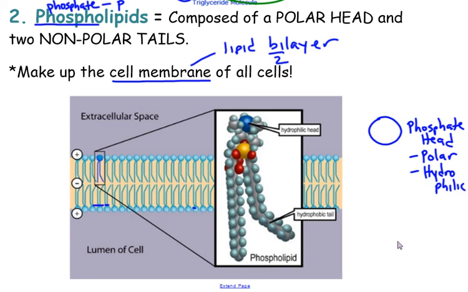And philic means water-loving. So it wants to be near water. So you have your phosphate heads pointing outside the cell as well as inside the cell. So you have water that can come up to both sides. And then you have two fatty acid tails, similar to what we saw with the triglyceride, but now there's two.